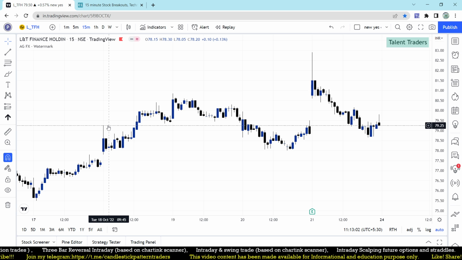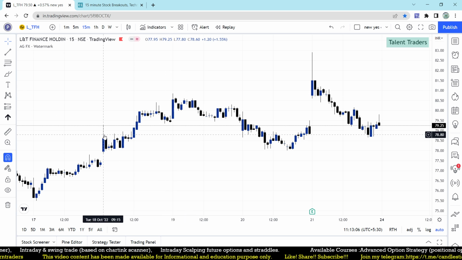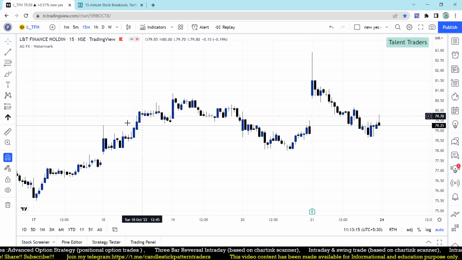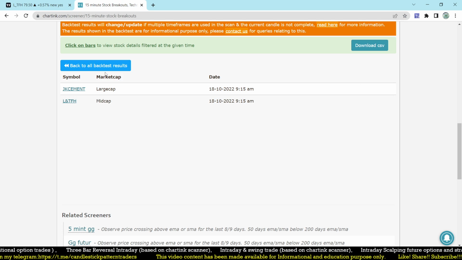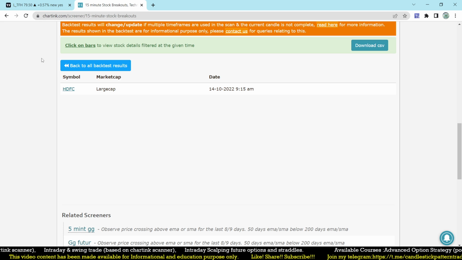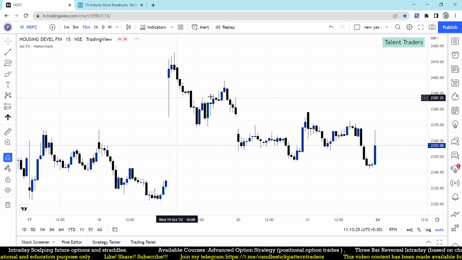Once it broke that, it generated profit. It is a low-value stock, from 77.95, 77.8, so almost 1.5 rupees, and it went higher up to 80.85. So that also triggers your target. And only one stock on the 14th, that is HDFC at 9:15, on 14th August.